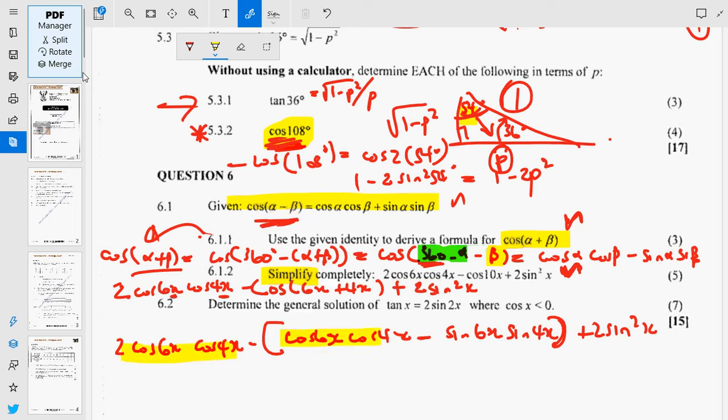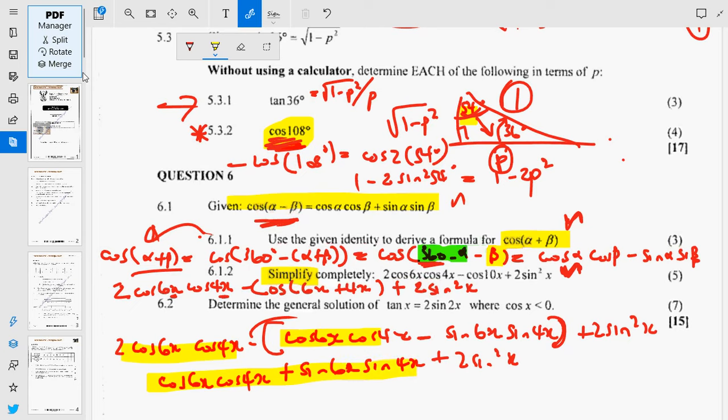So that is the same as saying 2x minus x. They're like terms, so it will come down to cos 6x cos 4x. But if I multiply the negative, I've still got sine 6x sine 4x plus 2 sine squared x. So this is another expanded compound angle.